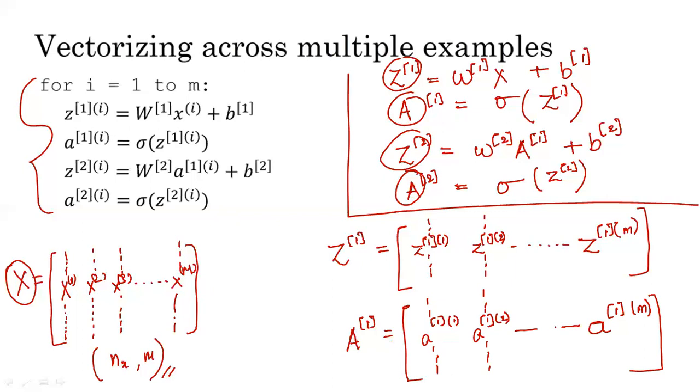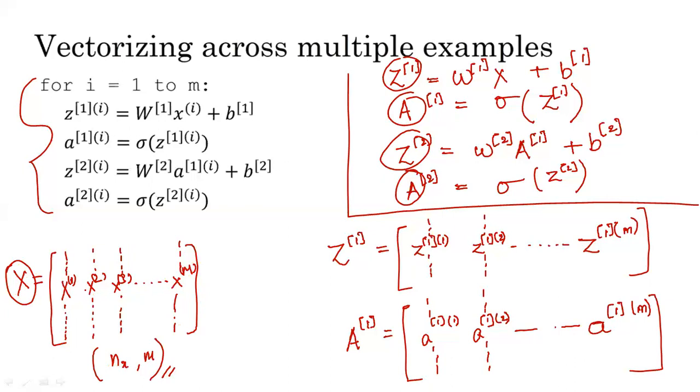But one trick is there to understand how you can implement this Z1 and A1: till now we have this input feature vector x. I have clearly told you how we are writing this input feature vector x. So these are the small x's and this is the capital X.